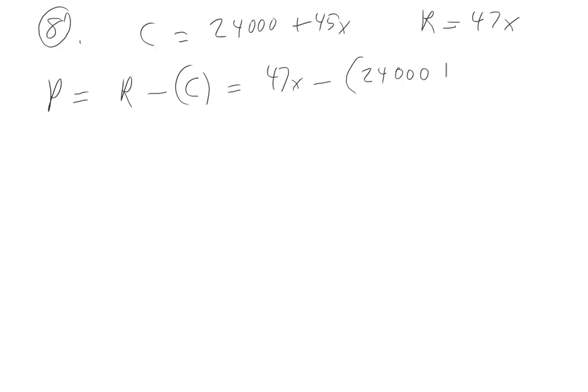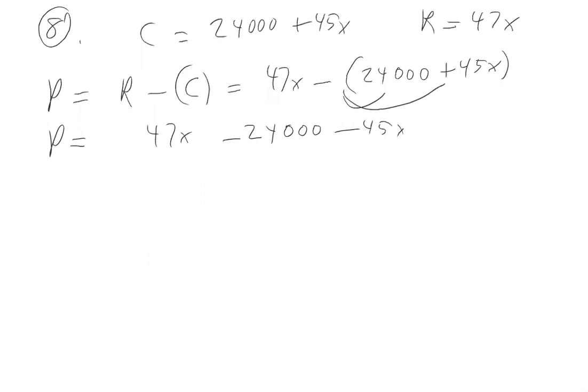So the profit equals the 47x minus the 24,000 plus the 45x. Let me distribute this negative, so 47x minus 24,000, and then negative times 45x is negative 45x. So the only profit that's left is 47x minus 45x, which is 2x, minus 24,000.